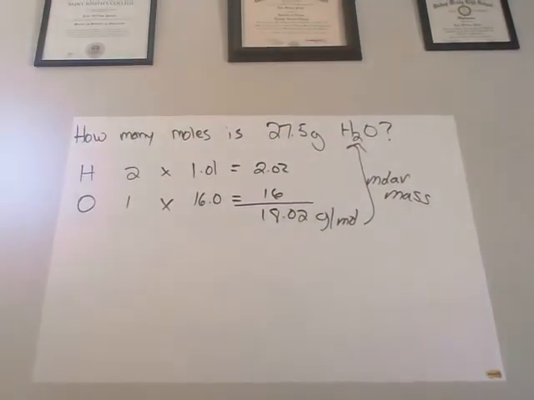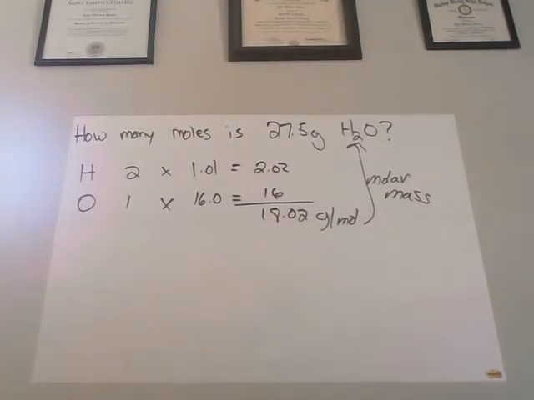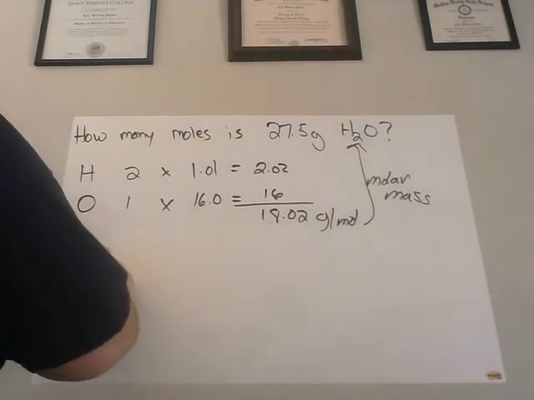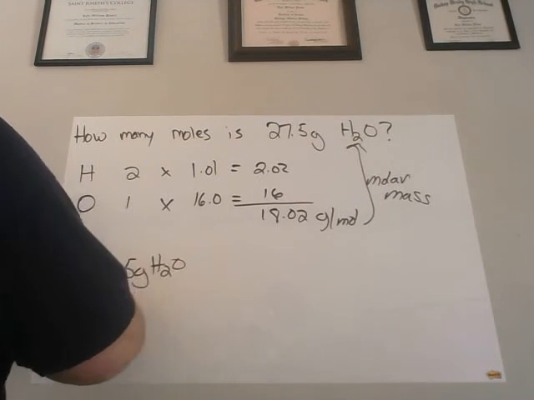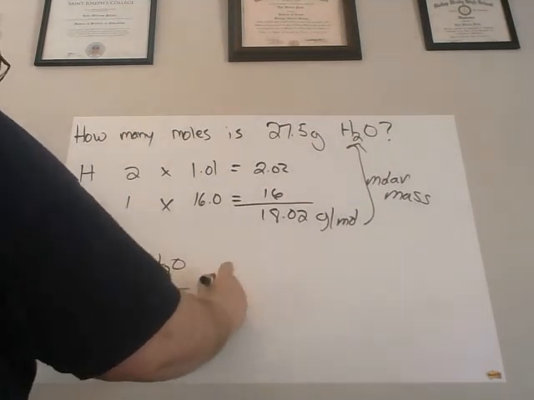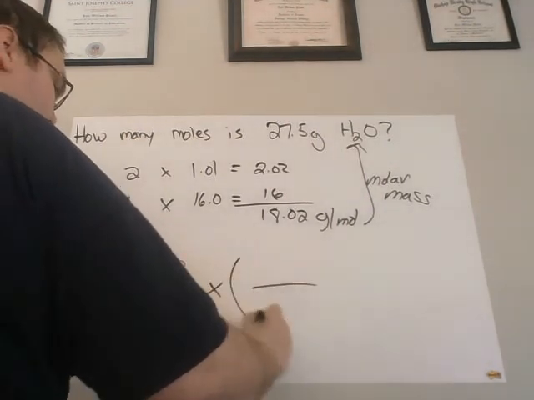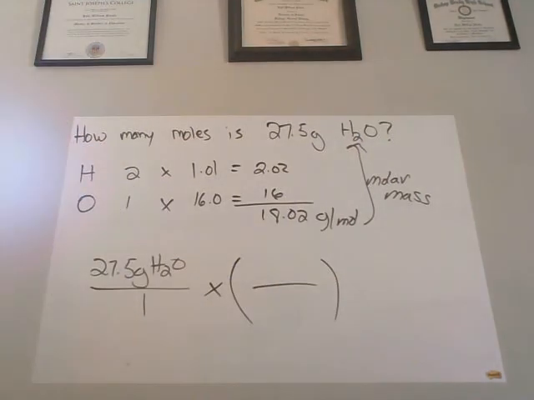So now that we know the molar mass of water, we're going to use that to figure out how many moles of water we have in 27.5 grams. So I start with my 27.5 grams of H2O, place it over 1, and now we have to multiply by our molar mass.